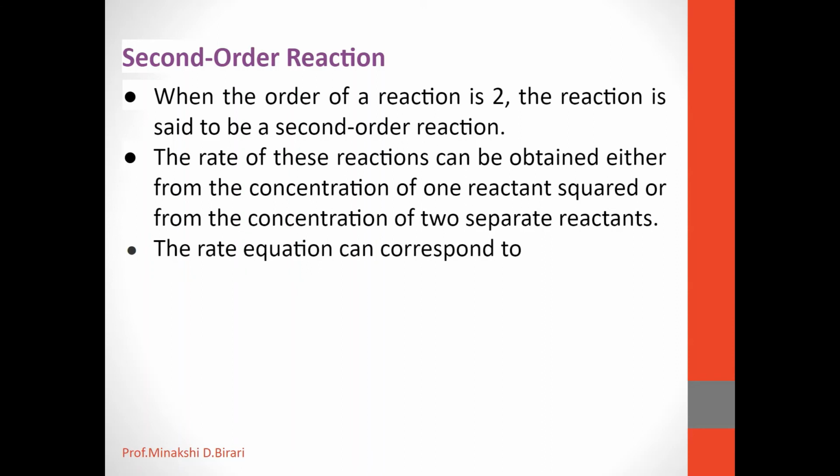The rate equation can correspond to rate equal to k into concentration of reactant A raised to 2, or rate is equal to k concentration of reactant A and concentration of reactant B.